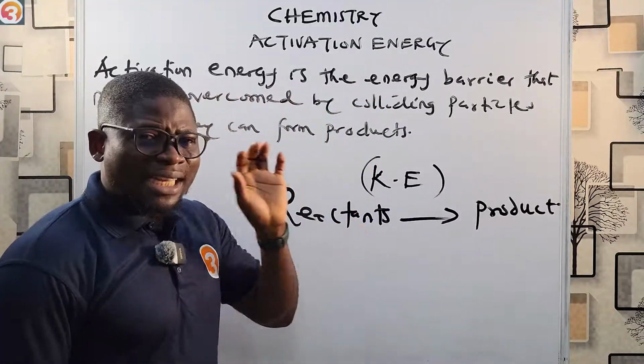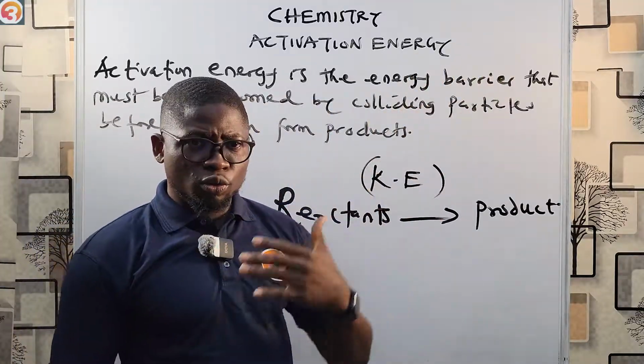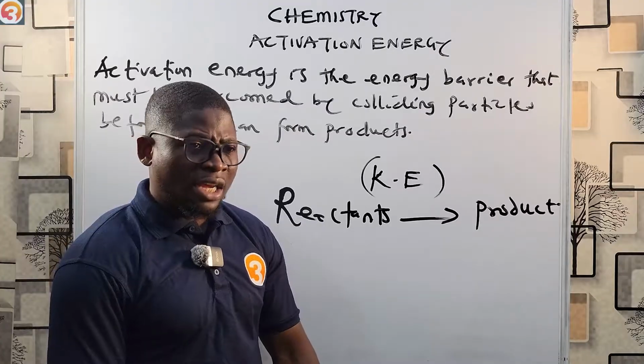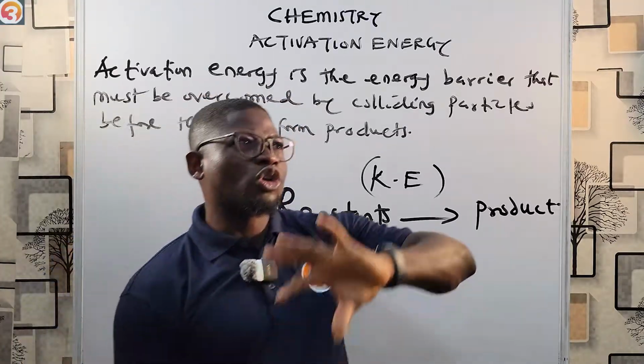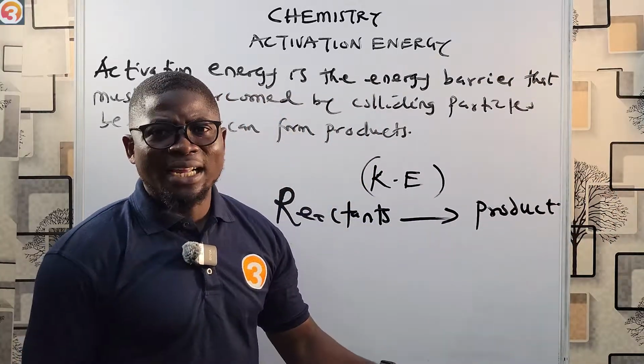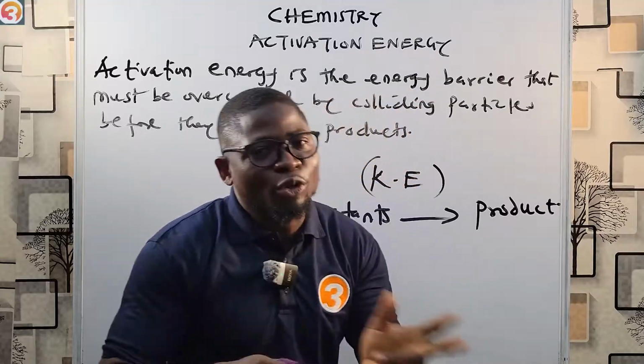Now, as I'm saying, when the energy you generated is not sufficient, the ball will come back to you. It will fall back to its original position. But when the energy you generated is sufficient, the ball will cross over to the other side. That means the reactants will become product, that means the reaction will occur.